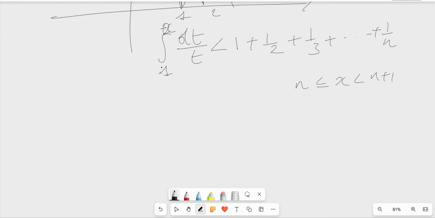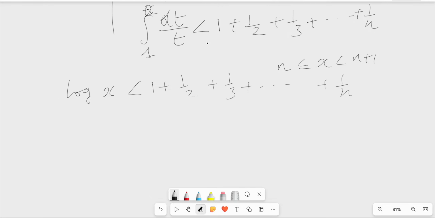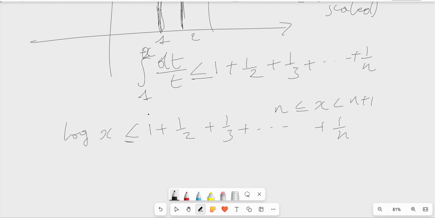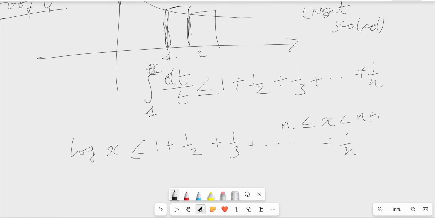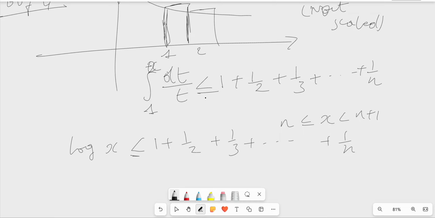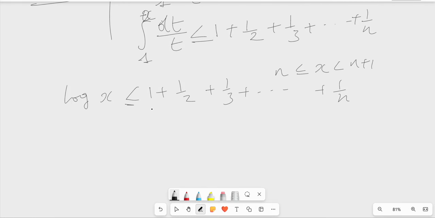And we can start from the left-hand side. This is log x. Log x is less than 1 plus 1 over 2, 1 over 3, up to 1 over n. And by the fundamental theorem of arithmetic, but here, just to avoid some mistakes, some random cases, at the beginning we don't know if x is 1, so let's just for safety put less than or equal.